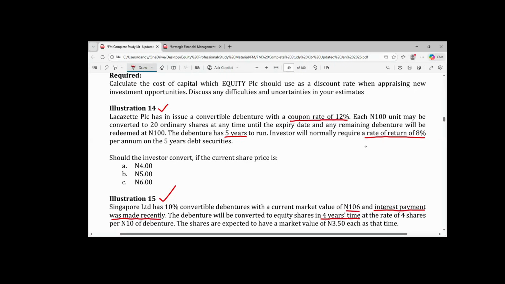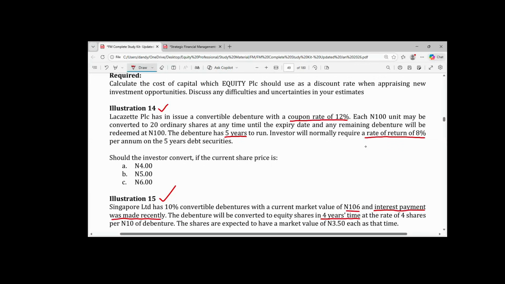Very simple. To solve this question, two things you are going to do. You want to know whether investors should convert at 4 naira, 5 naira, or 6 naira. First thing first, you must determine the current market value of the convertible debenture. If the debenture holders want to redeem this security, what will be the current market price?